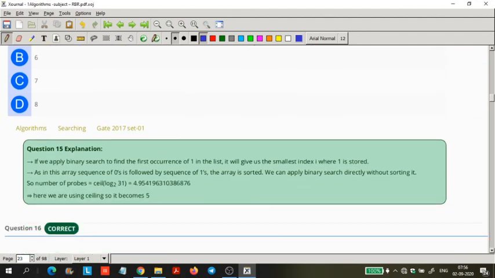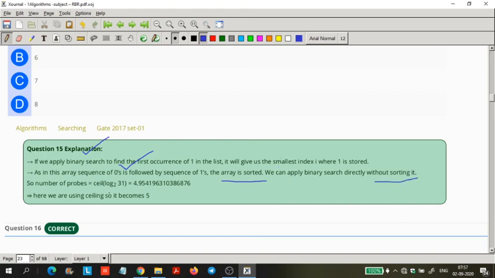If you apply binary search to find the first occurrence of one in the list, it will give us the smallest index I where the one is stored. As in this array, zeros are followed by ones, so it is sorted, and we can apply binary search directly without sorting.